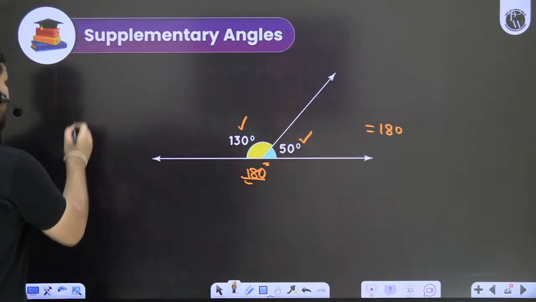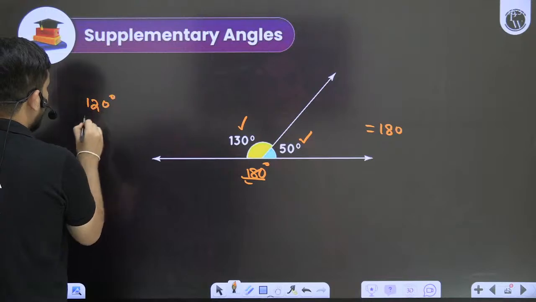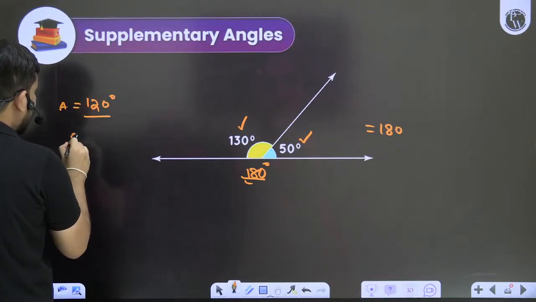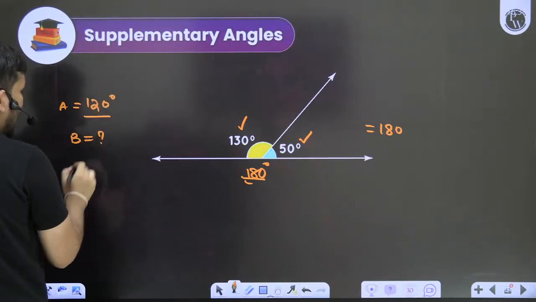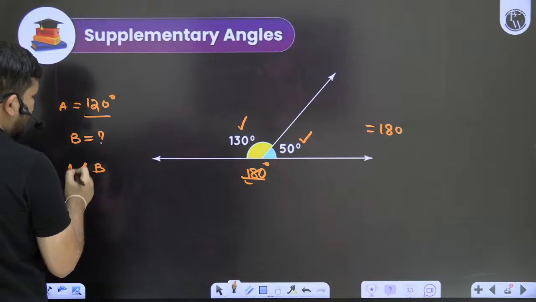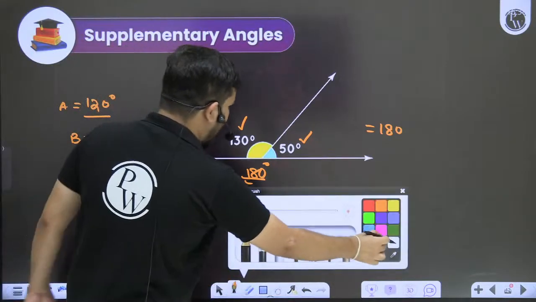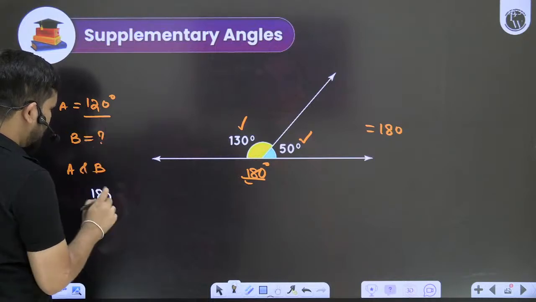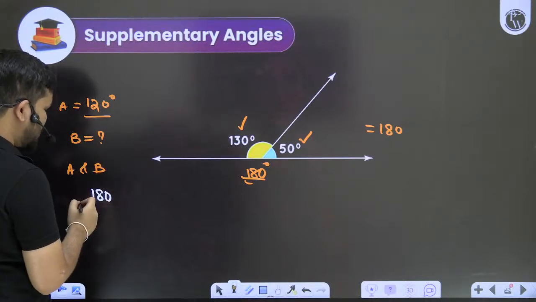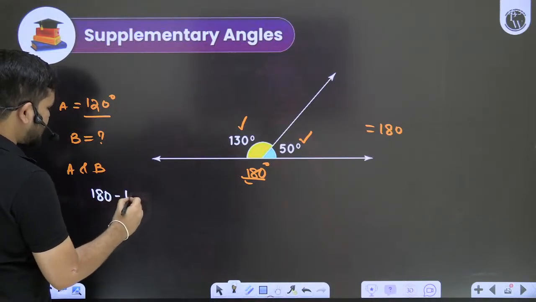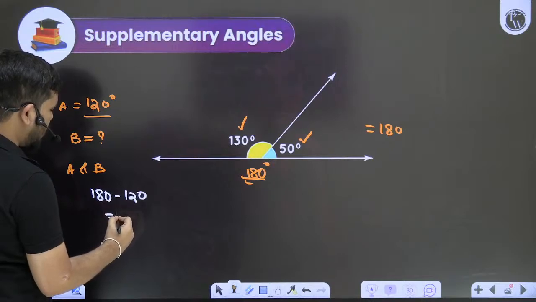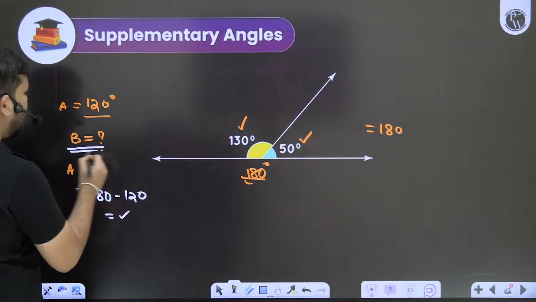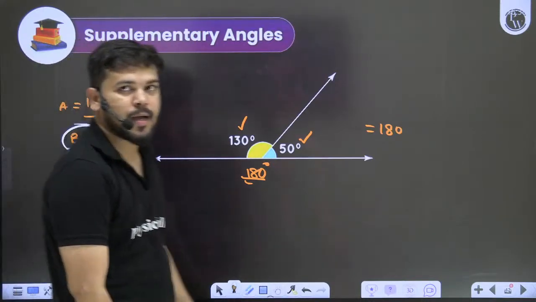If one angle is 120, and A and B are supplementary to each other, then A plus B will be 180, right? So from that, if you subtract 120, whatever you get is the supplement angle.